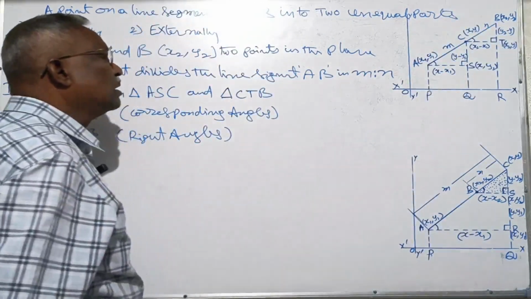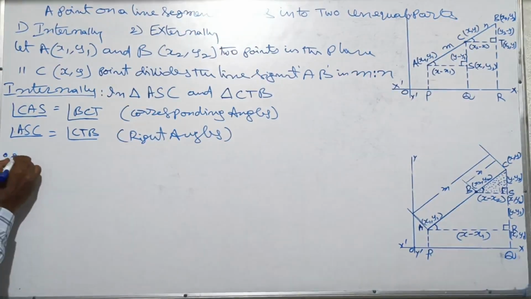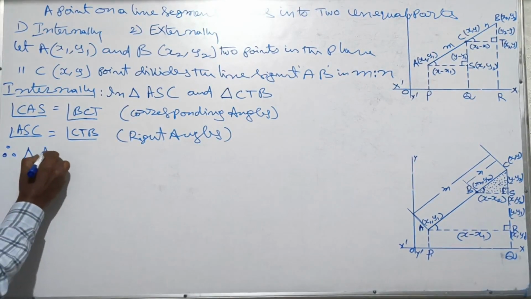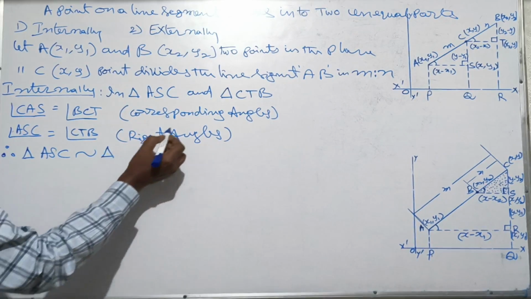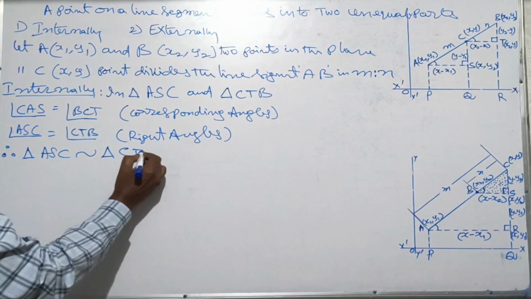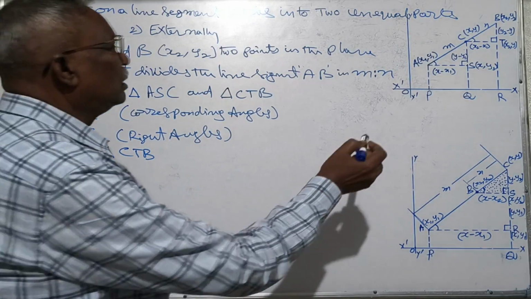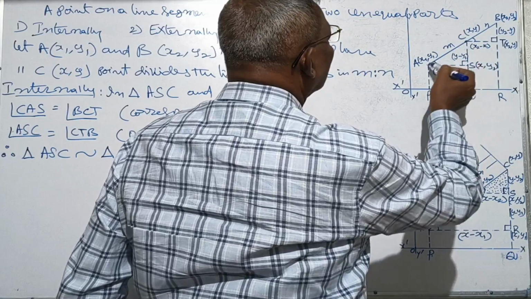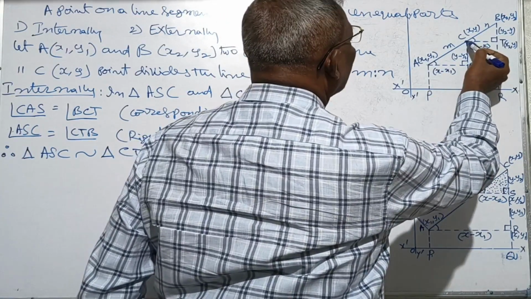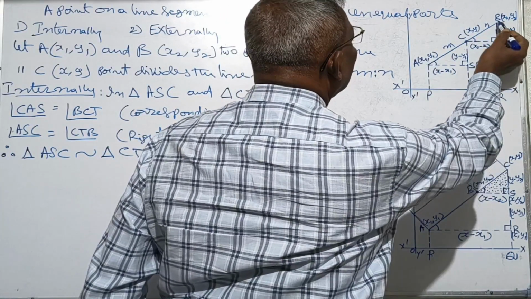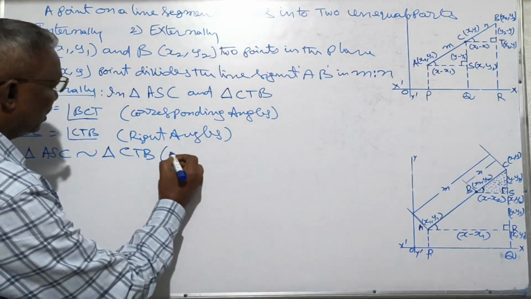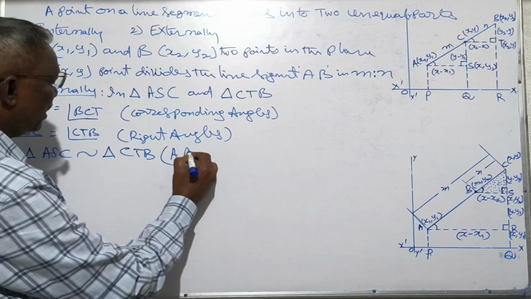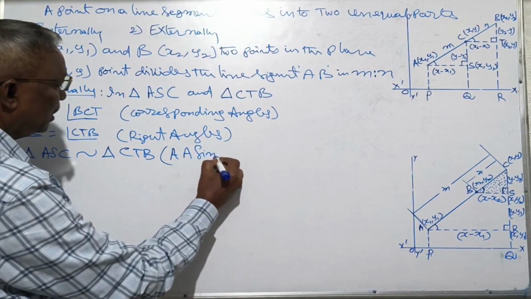Therefore, triangle ASC is similar to triangle CTB, as per AA similarity.